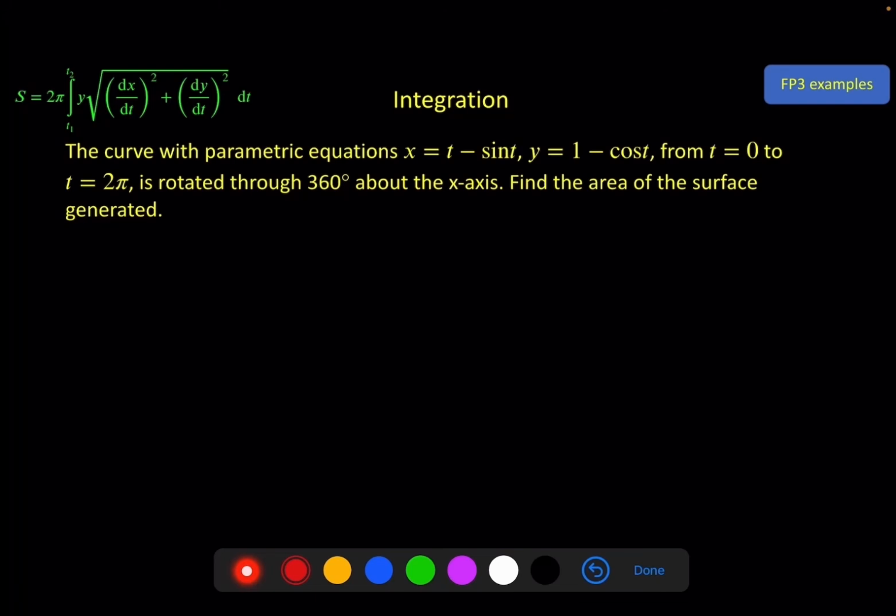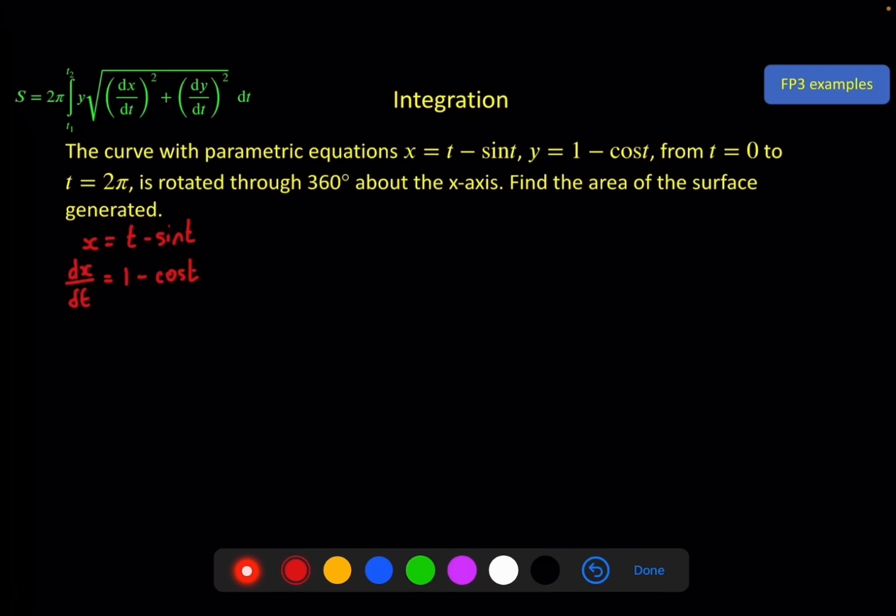As usual, I'm going to do the bit inside the square root first, and then stick it in the integral later. So if x is equal to t minus sine t, then dx by dt is equal to 1 minus cos t.